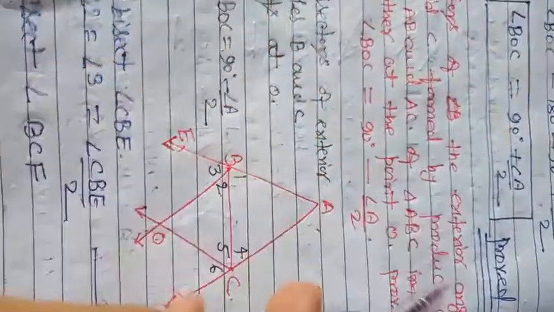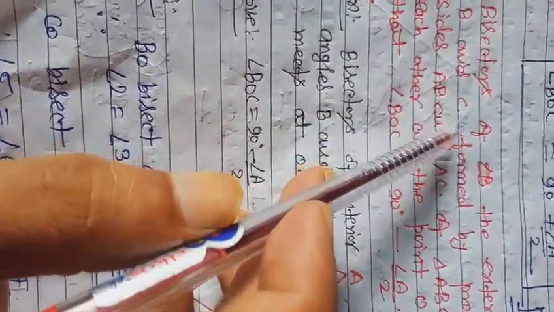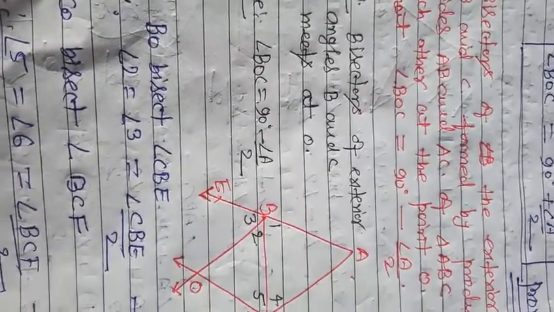Now next question. Bisectors of the exterior angles B and C formed by producing sides AB and AC.